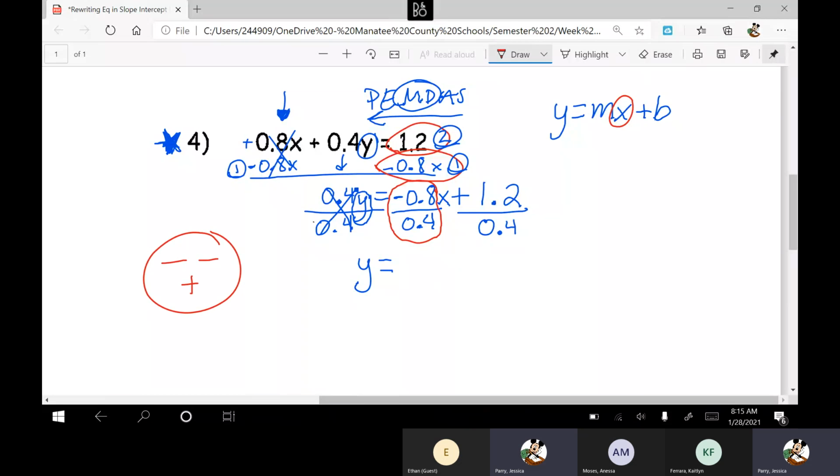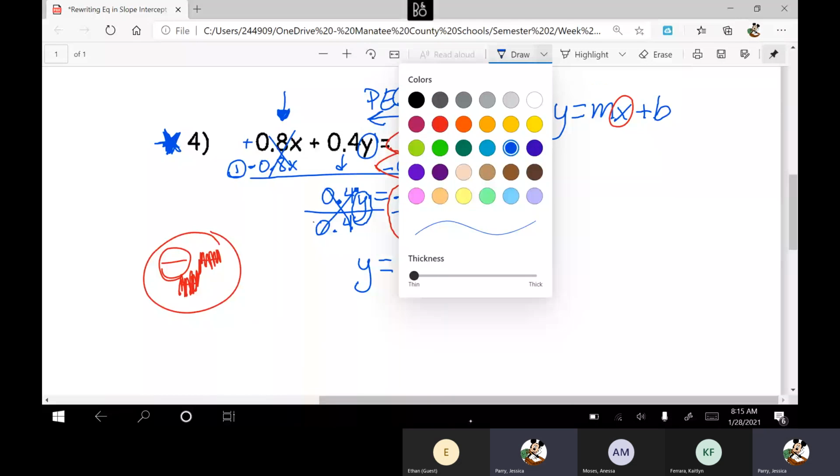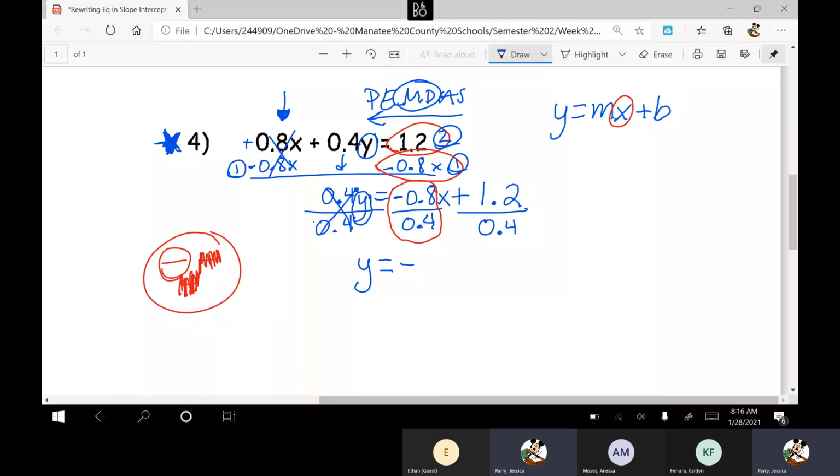We have a negative divided by a positive. So negative divided by a positive is negative. So we know we're going to have a negative, and then that 0.8 divided by 0.4 is 2. So negative 0.8 divided by 0.4, you should get negative 2.